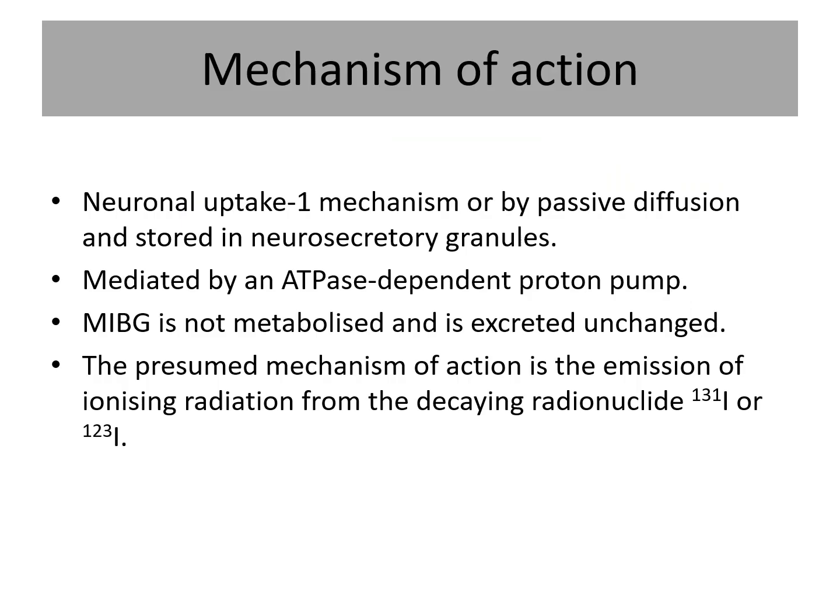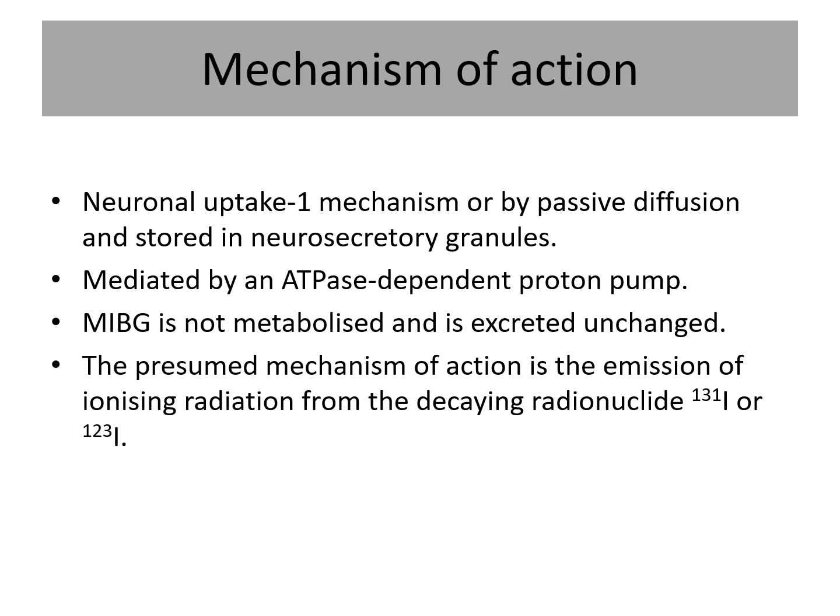And this is the mechanism of action, how it is taken up by the cells, yeah? So it's either the neuronal uptake 1 mechanism or by passive diffusion and stored in the neurosecretory granules. The transfer of MIBG from intracellular cytoplasm into the catecholamine storage vesicle is mediated by an ATPase-dependent proton pump.